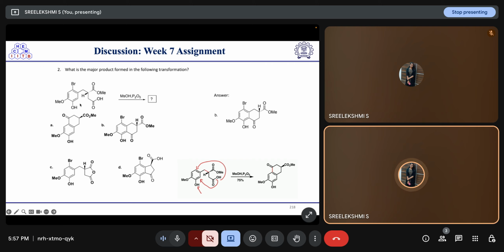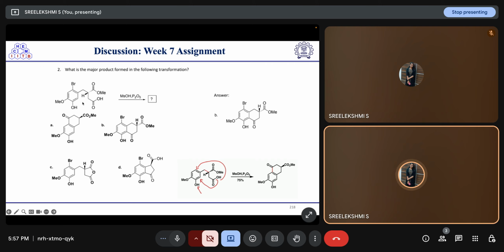What can happen here? There are only possibilities: one, two, three, four, five, six here, and here it is also one, two, three, four, five, six. So two possibilities are there, and in this case, a six-membered ring will be forming.